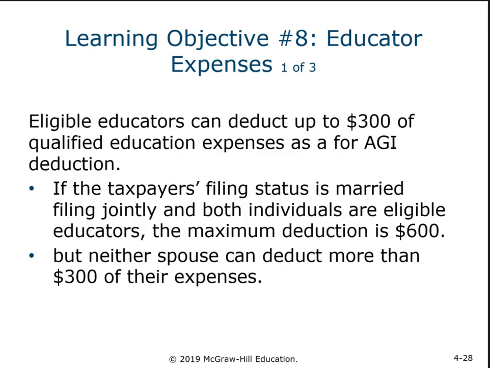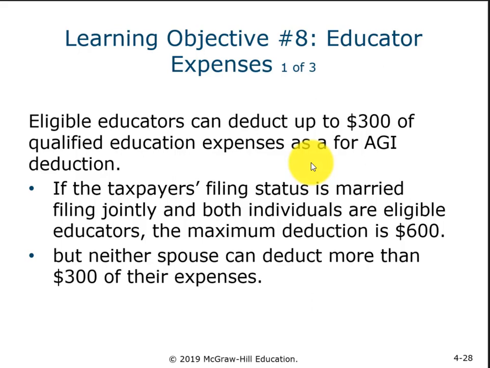It's not a lot of money, but it can be kind of symbolic or helpful to an educator. Up to $300 can be spent, and as a for AGI deduction, so above the line, you might say the double impact amount. And if you're both educators, it can be $600, but neither can deduct more than $300, so they both have to spend $300.